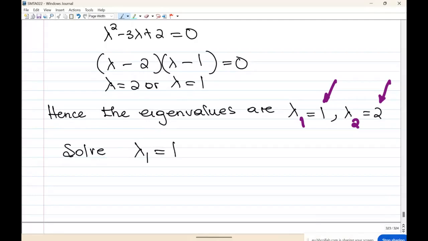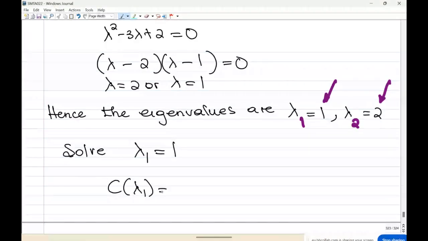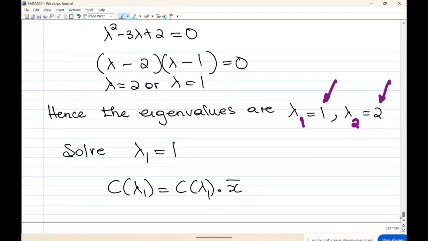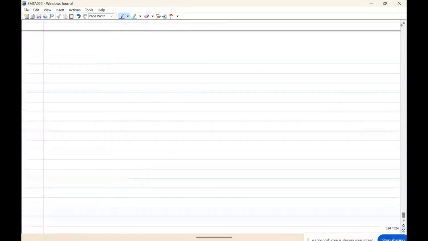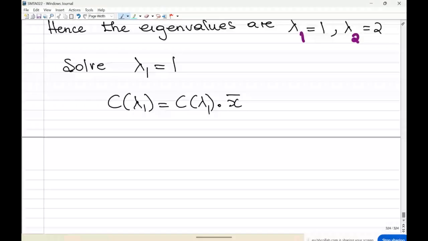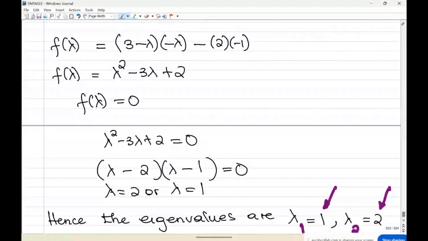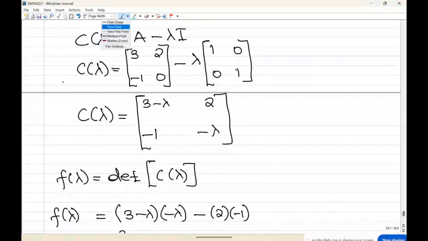So in this case, our original equation is C of lambda 1 will be equals to C of lambda 1 multiplied by this variable x. Are we still together, colleagues? Then what you are going to do, you go back to the C of x, this one. You are going to substitute where there is lambda on this equation.